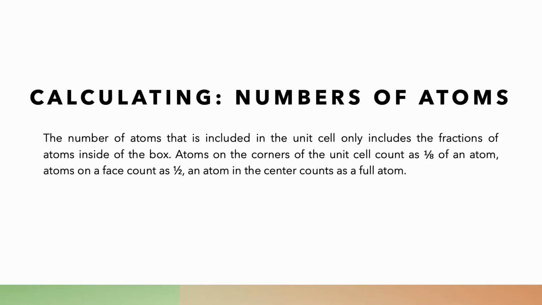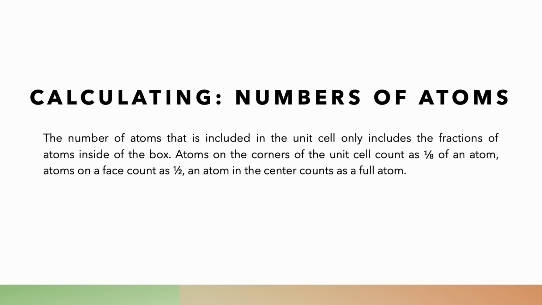Calculating numbers of atoms. To calculate the number of atoms is simple. Divide its weight in grams by the atomic mass from the periodic table, then multiply the result by Avogadro's number.